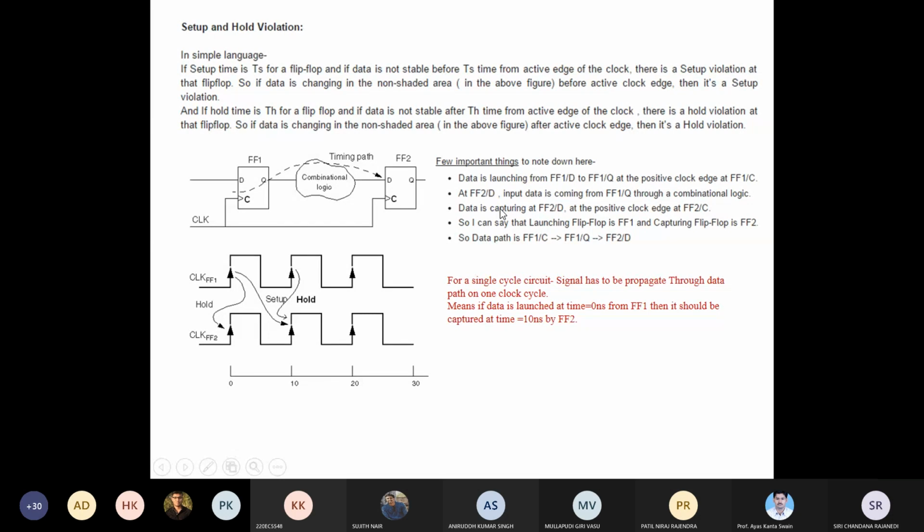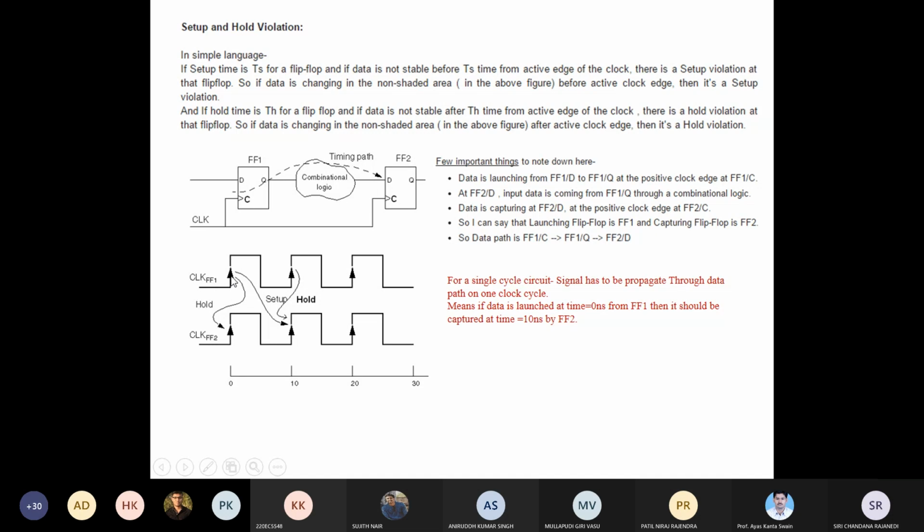Now we have to summarize a few important things from here. First, look at the clocks below: clock FF1 and another clock, clock FF2. As it is synchronous, both are the same, and the period of these clocks is, let's say, 10 time units.